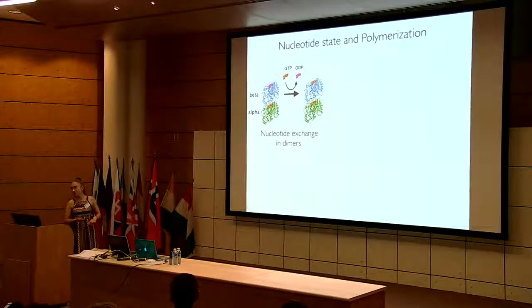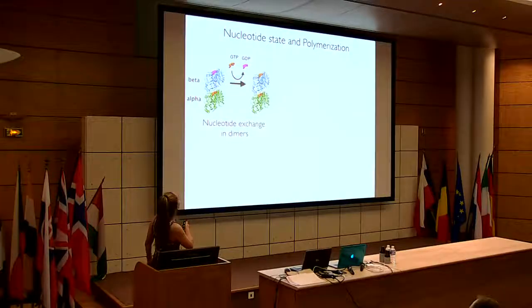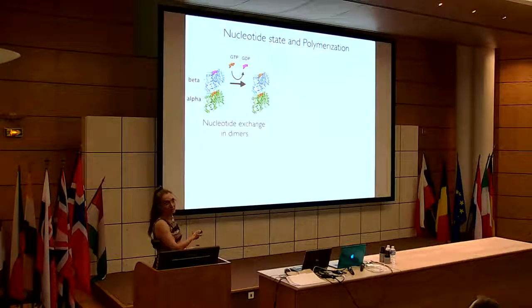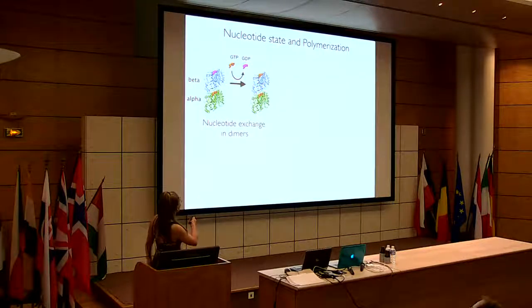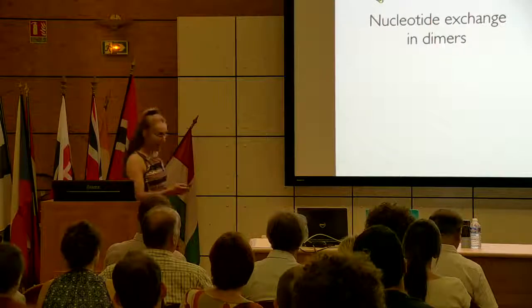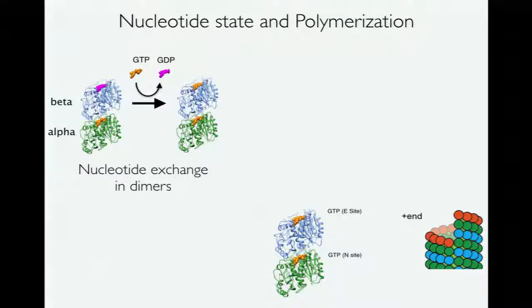This is the E site, for exchangeable site. It's in beta tubulin. And this one is exposed when tubulin is not assembled. And it can very readily exchange with GTP, which is, of course, much more abundant in the cytosol. And this GTP-loaded dimer is the one that can very effectively add to a growing microtubule end. But this is the trick.